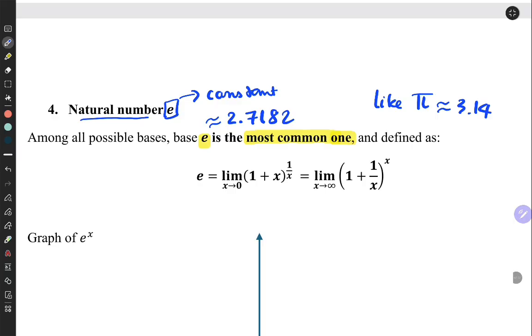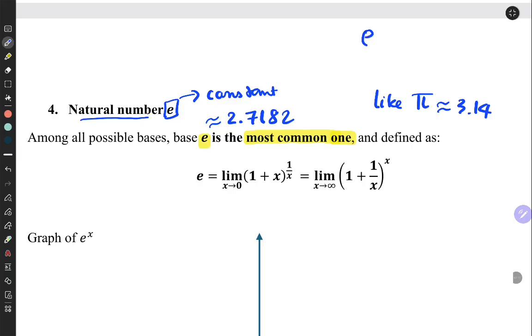Everybody agrees these values, we assign a letter, a symbol to them. Give me another one that we agree on. Rho? I remember rho, but I don't know that number.